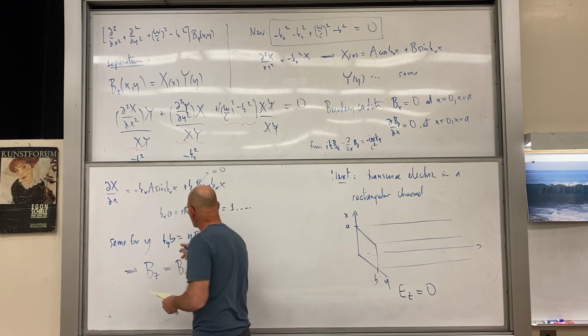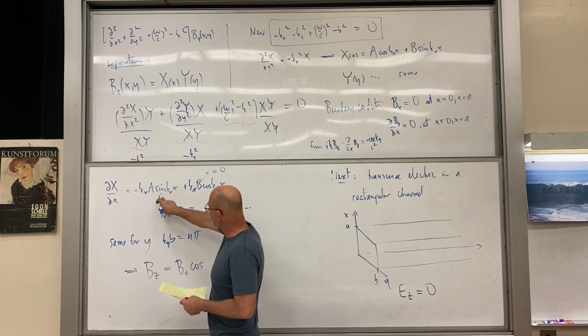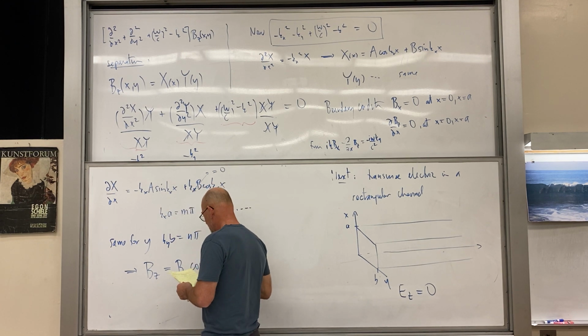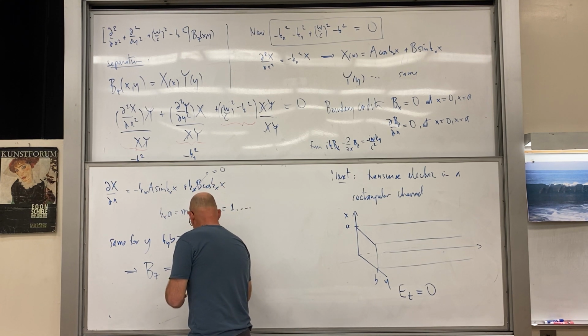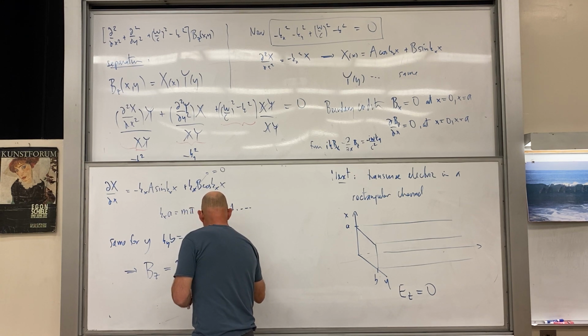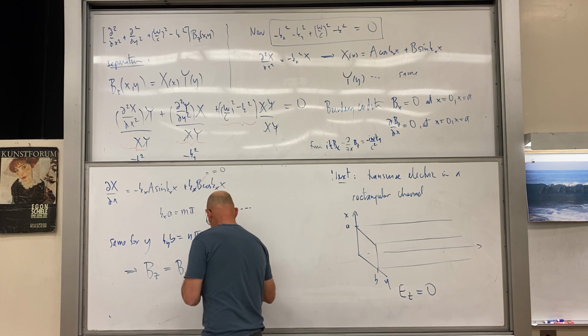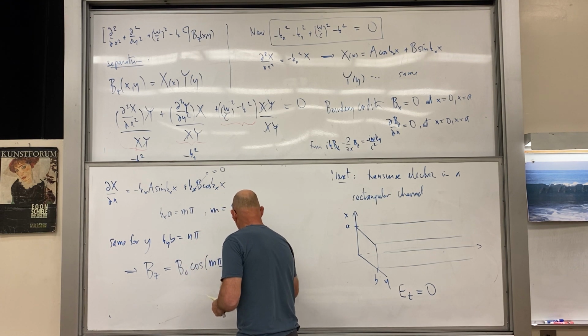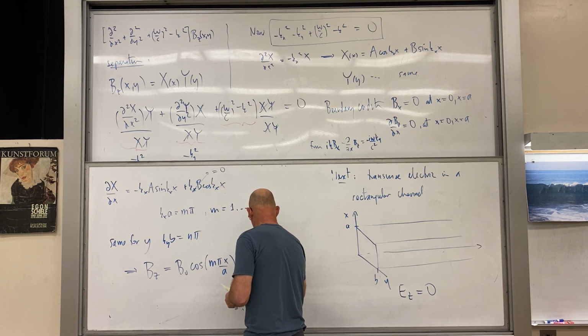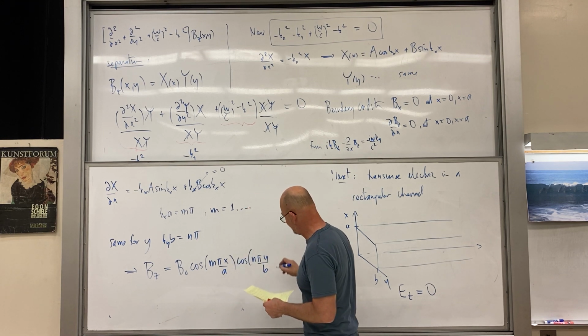B0, both times we keep the cosine. That was the derivative, so we keep the cosine: m pi x over a, cosine n pi y over b.